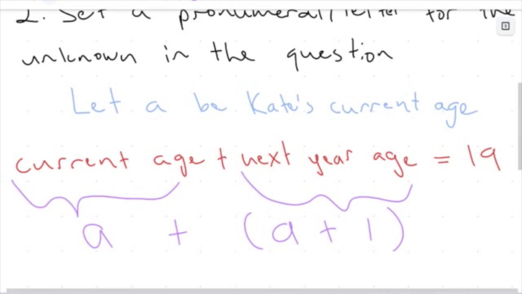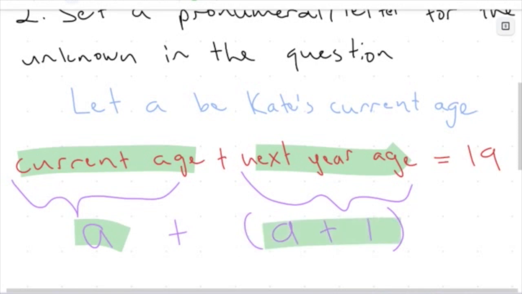Once we set a pronumeral for one piece of information, so for example here, the current age, we can use this pronumeral to set up the other information still in terms of that same pronumeral, because this is going to allow us to use some of the skills we've been doing up until now. See how both of these things are expressed in terms of A. I have A and then one more than A, so A plus 1.